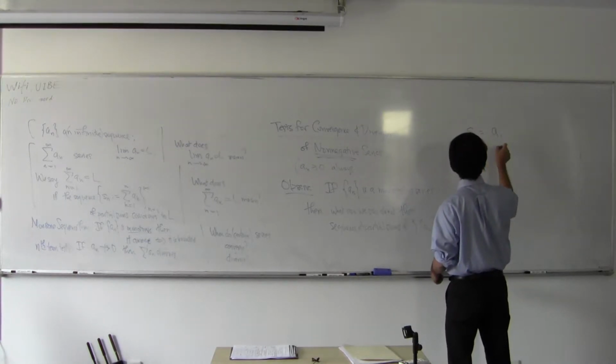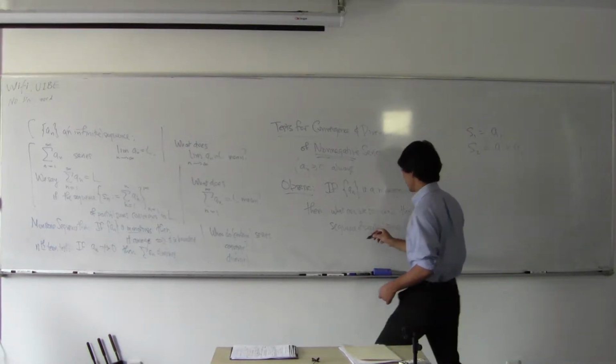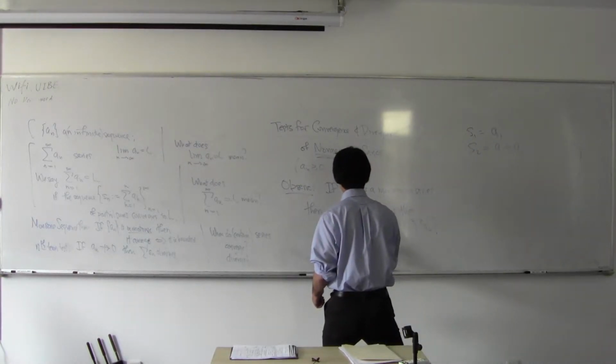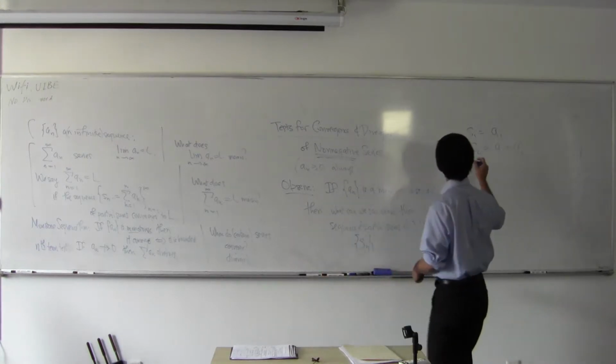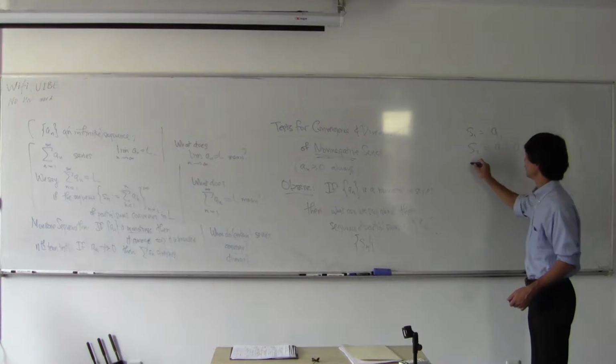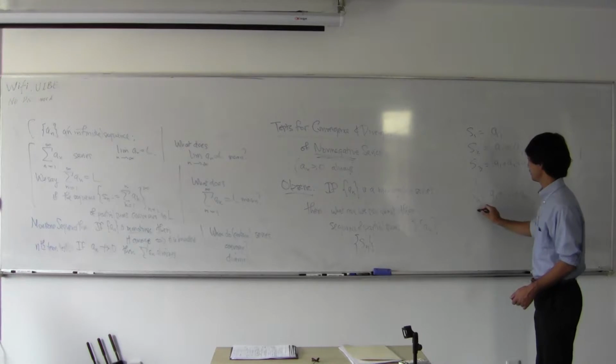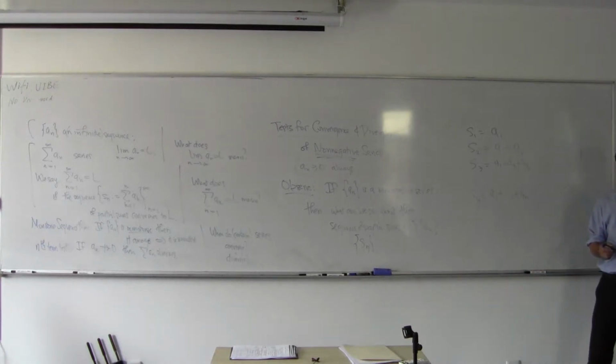So S sub n, where the first one is A1, the second one is A1 plus A2, the third one is A1 plus A2 plus A3, etc. S sub n is the sum of the first n terms. So what do you observe about this sequence?